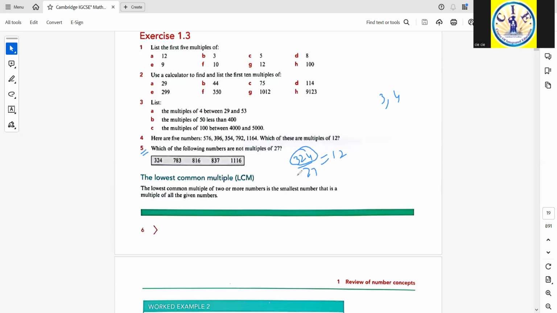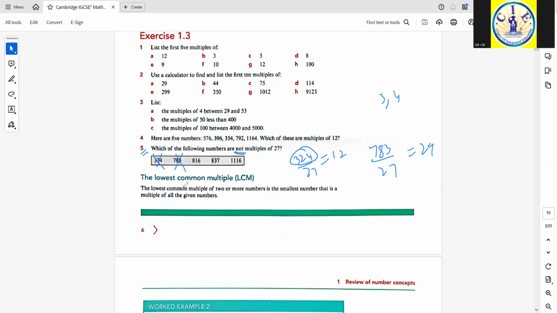So you won't be including it in the answer, because you need to answer for the numbers which are not multiples of 27. Okay, now 783 divided by 27. That divides completely as well. Answer is 29. So that would not be included.